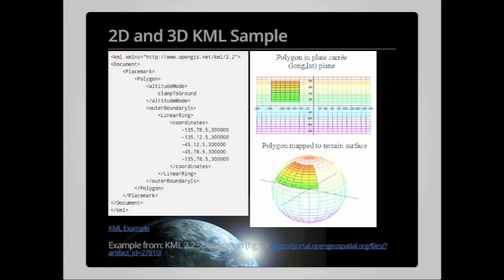We're defining a place mark. Within that, we're defining a polygon, where that polygon then contains a number of elements. First, we're defining the altitude mode of the polygon. Here, saying that we want to essentially clamp that polygon to the ground surface.